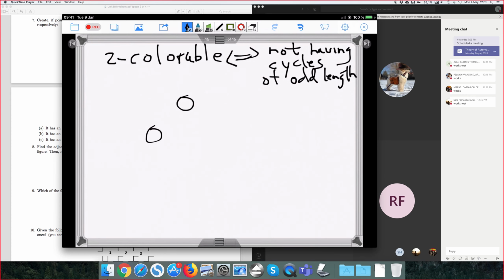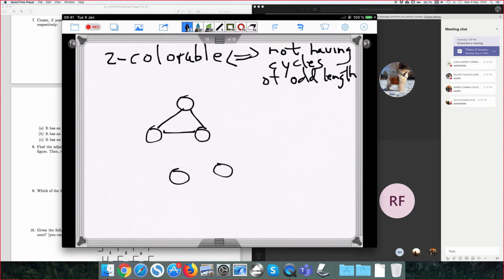Okay. So we have 5 vertices, and for the graph to be not two colorable, we must have a cycle of odd length. But we are asked for exactly 4 edges. So in order to have a cycle of odd length with 3 edges, we need something like this. We need a triangle.